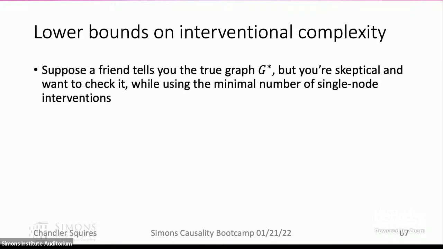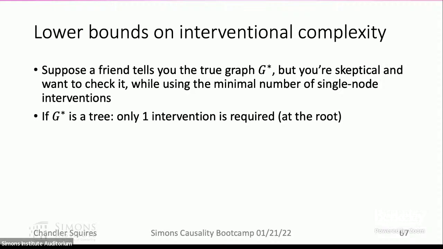And this is kind of the setup that I described earlier, just a bit more whimsical, but your friend comes up and tells you that the true graph for a causal system is this G star, but you don't completely trust them. So you want to check this out yourself, but you don't want to waste your time. You're going to use a minimal number of interventions. In this case, all you have access to, say, are single node interventions.